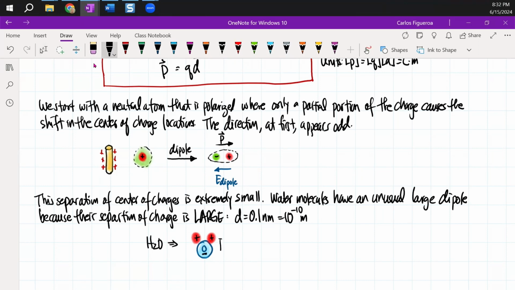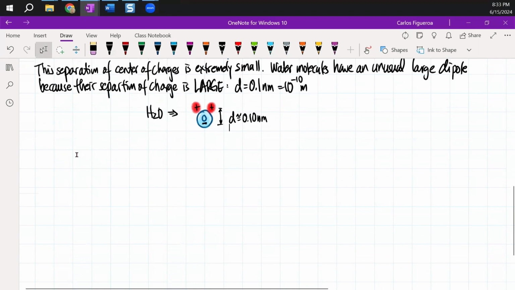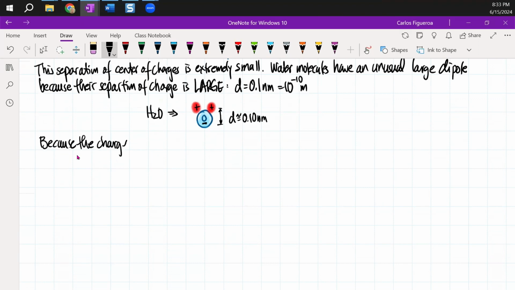If I look at the shift from the positive to the negative, that distance is about a tenth of a nanometer, which is the reason why it has such a large dipole moment. But it's still a tiny number because the charge separation is so small.